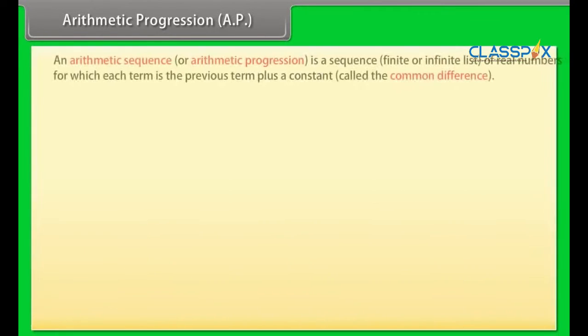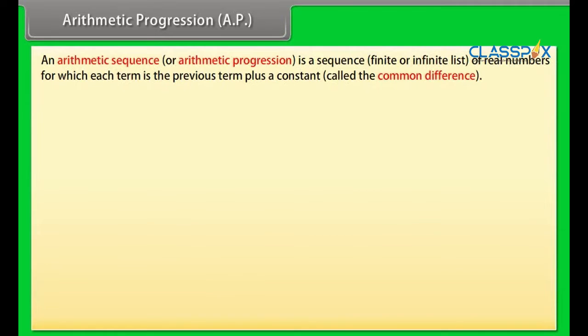Arithmetic progression, AP. An arithmetic sequence or arithmetic progression is a sequence, finite or infinite list of real numbers, for which each term is the previous term plus a constant called the common difference.